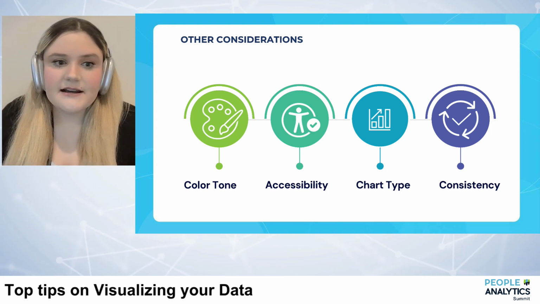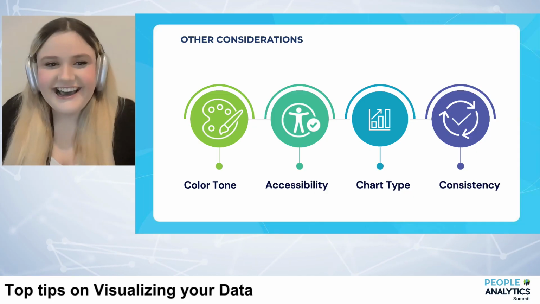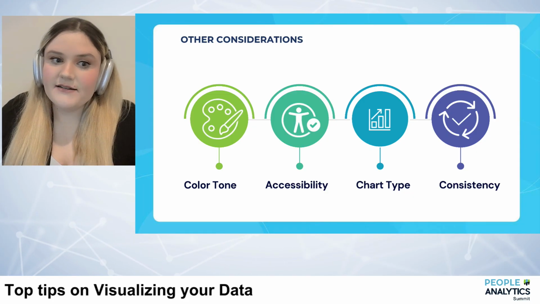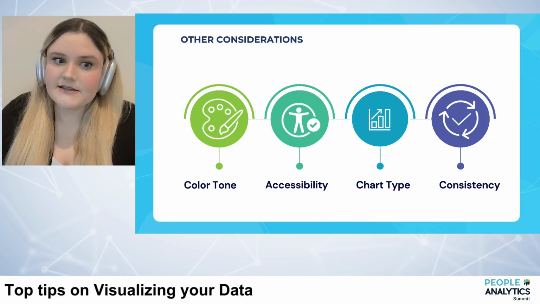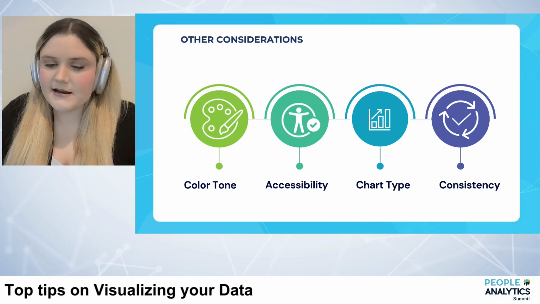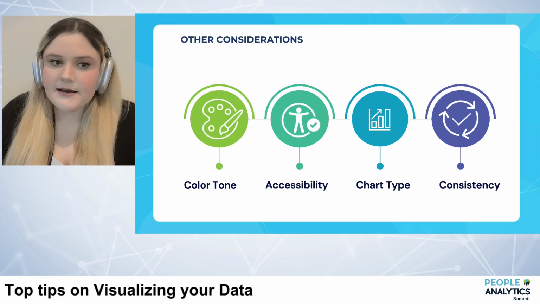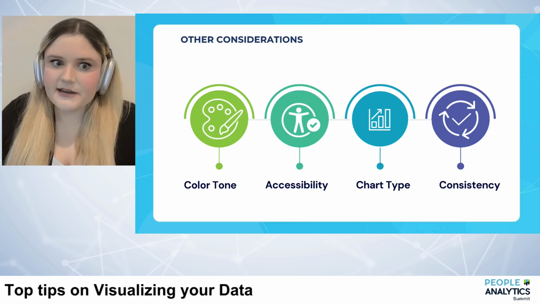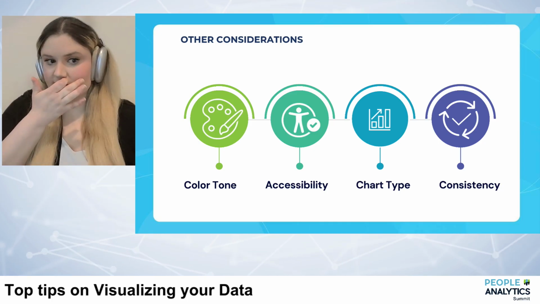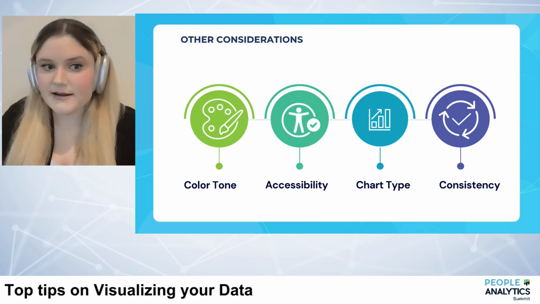Next, accessibility. This is something you want to keep in mind when designing things. You want to make sure your fonts are decent sizes so that the audience can see them well. You also want to be cognizant of color blindness. That could be a disability that could make your data visualization more difficult to interpret.